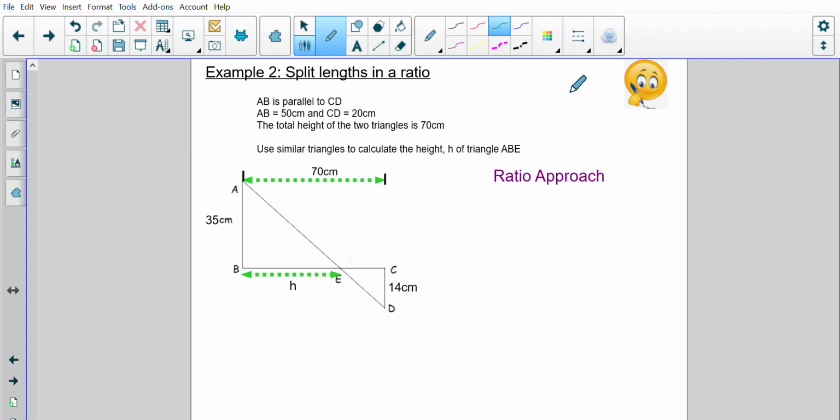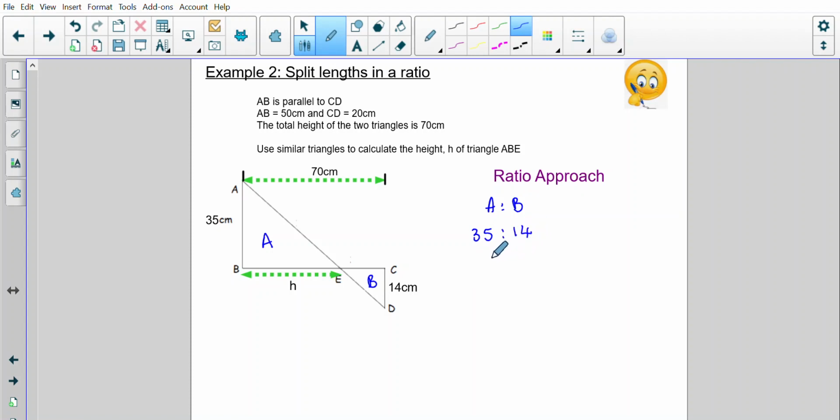Okay, I just want to have a look at one more example with you. So in this question, we can see that we're given the total length of 70 here, rather than one of the lengths in our two triangles. So this time, I'm actually going to use the ratio approach and set up my scale factor as a ratio. So again, I'm going to call my triangles A and B. So if I've got the ratio of lengths in A to B, I can use the two corresponding lengths I'm given, which is 35 to 14.